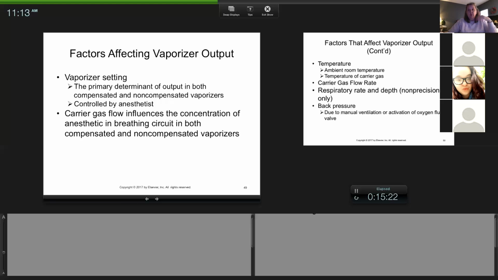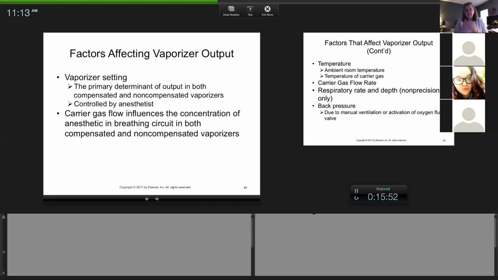Sometimes if the patient is breathing a little more often and the bag is getting smaller, I'll turn up my oxygen flow and go from 1 liter to 2 liters of oxygen. So I've doubled my oxygen flow. So I am effectively adding more gas because the higher my oxygen flow, it's going to put a bigger volume of anesthetic in the system and in the bag.